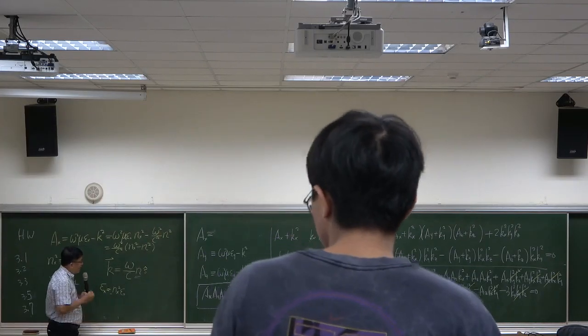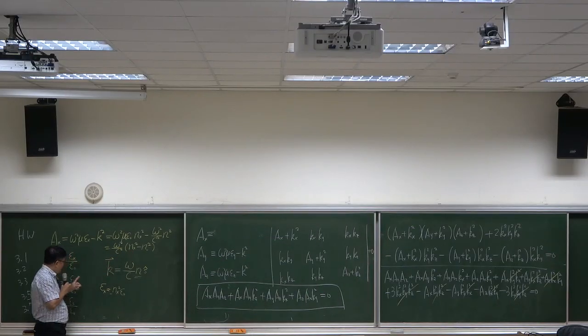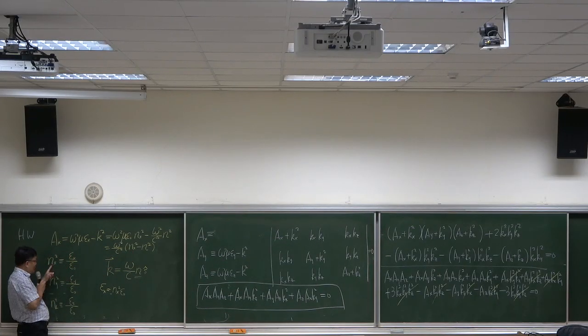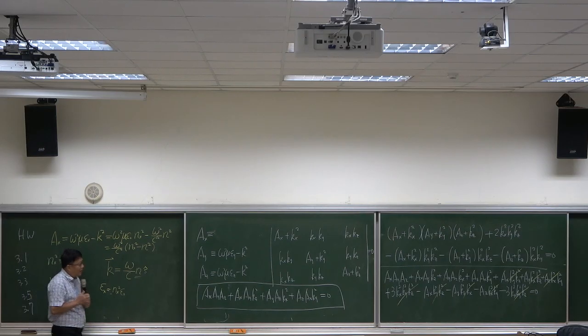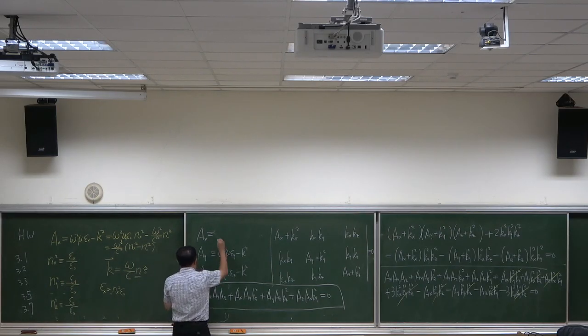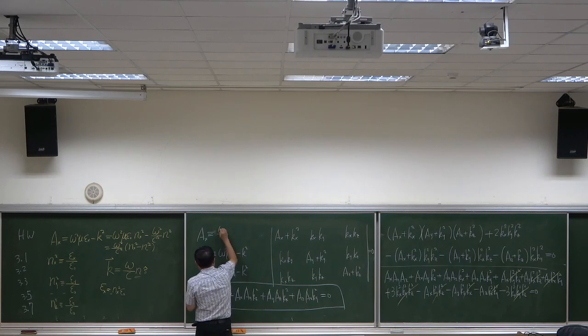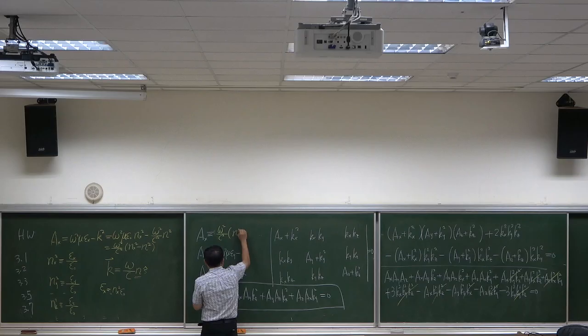Here, nx squared is a known quantity, because if we know epsilon x, then we know nx squared. So this is equal to omega squared over c squared times nx squared minus n squared.